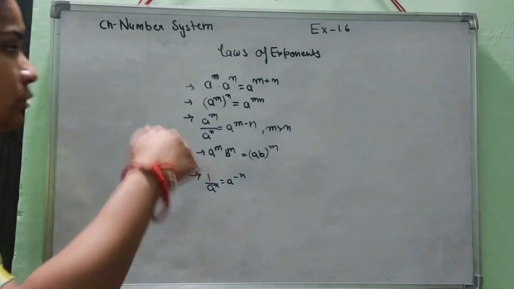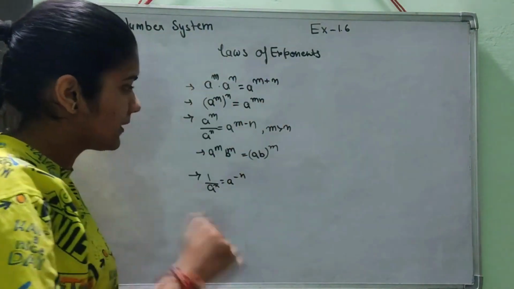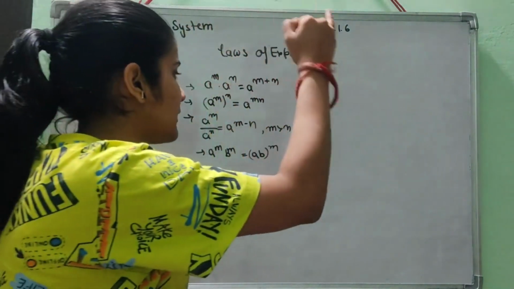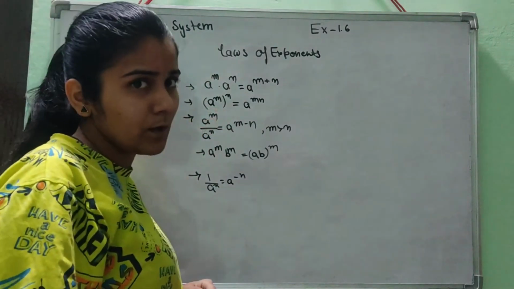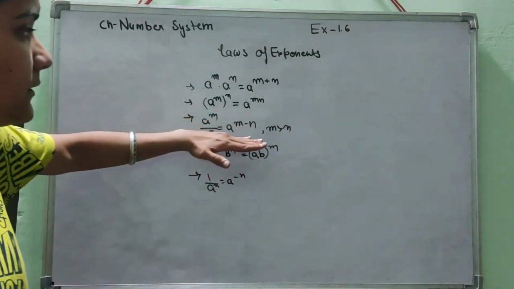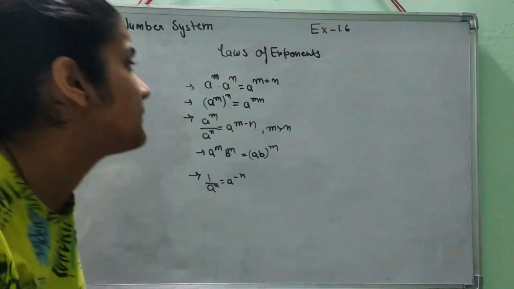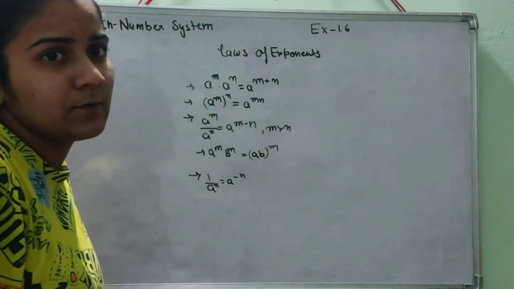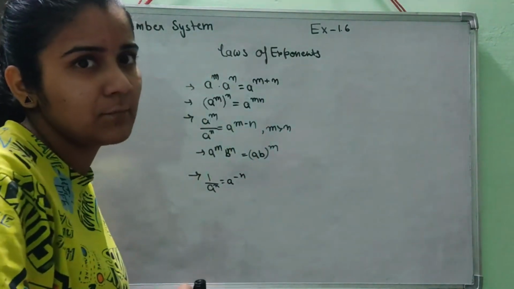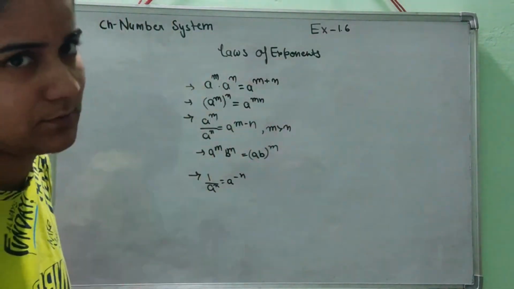In the third, a to the power m upon a to the power n is equal to a to the power m minus n. Now why is this so? The powers get subtracted, where m should be more than n.